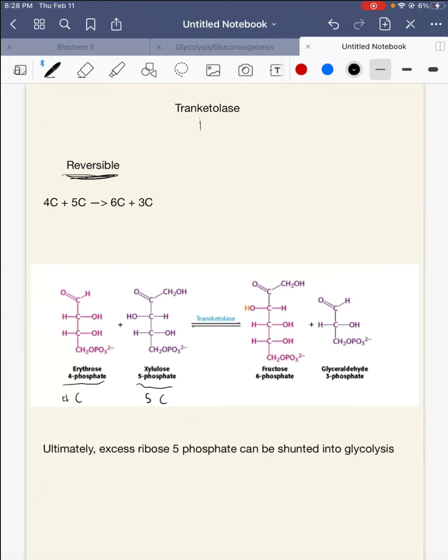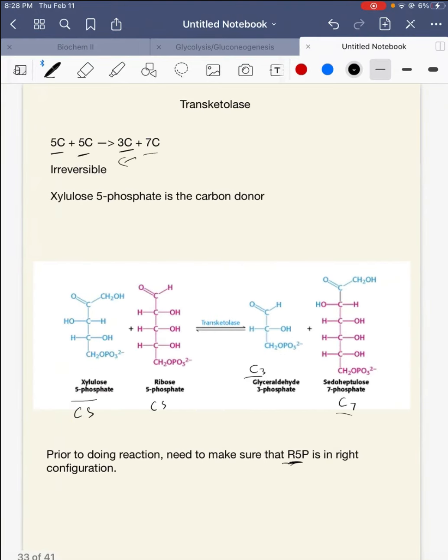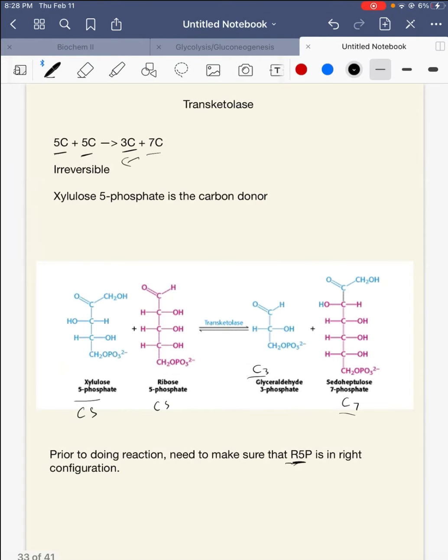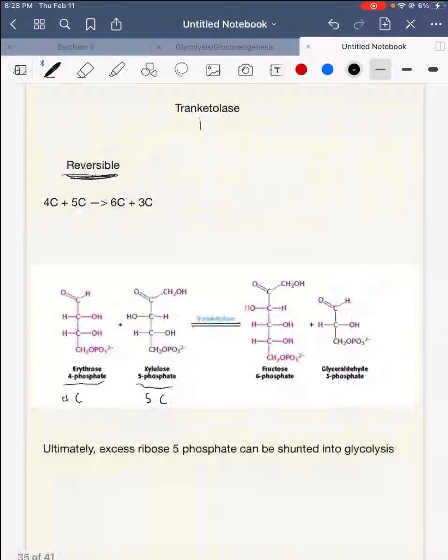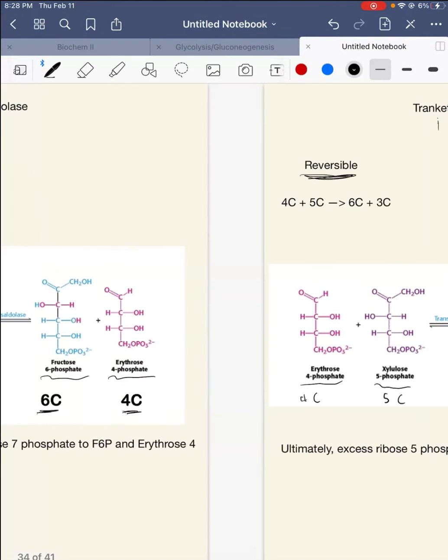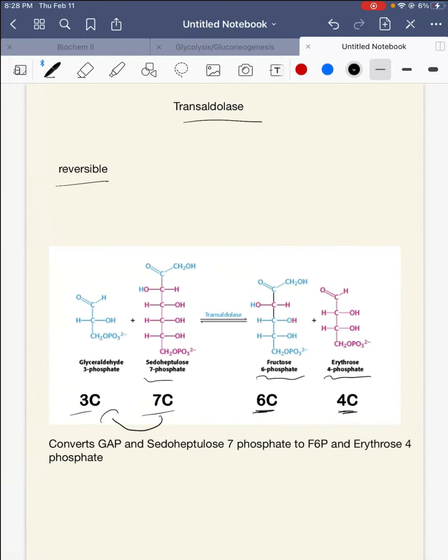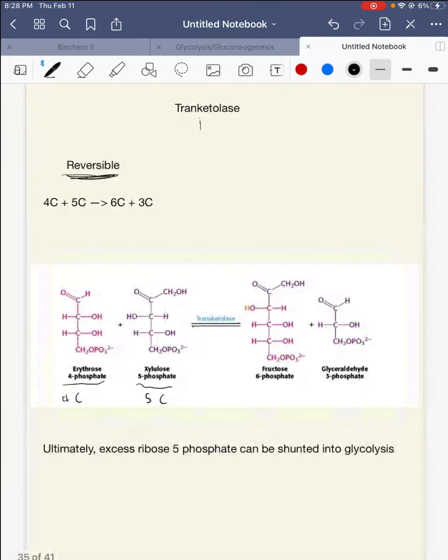We take this from the original reaction, so right here, we take one of these. And then we take the erythrose that we just made by the transaldolase, and we run it into the last reaction, and then we get one more fructose 6-phosphate, and then another GAP.